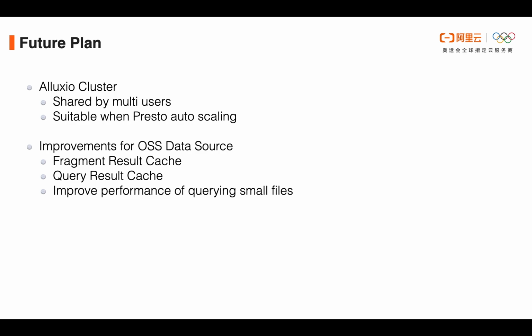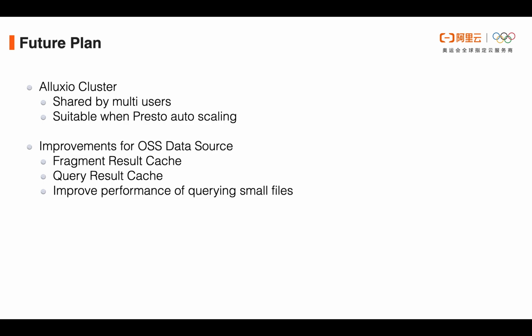In the future, we will try the Alluxio cluster because it is outside the Presto cluster, so it is suitable for Presto auto-scaling. And also, we will improve the queries for OSS data source in many other ways.